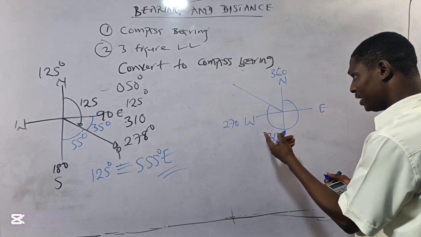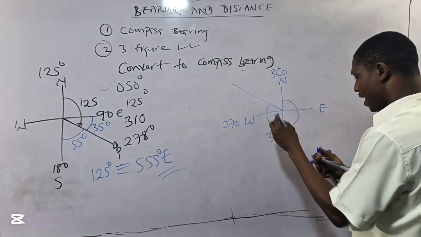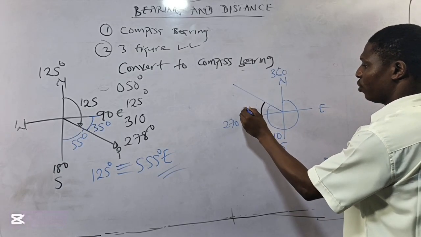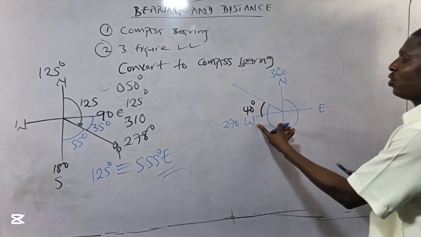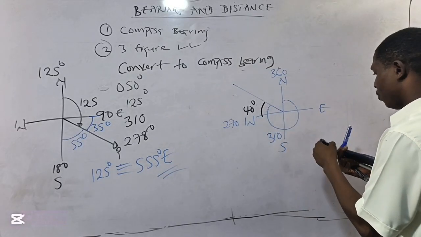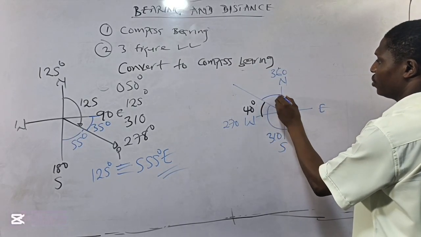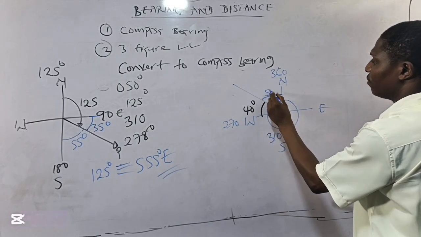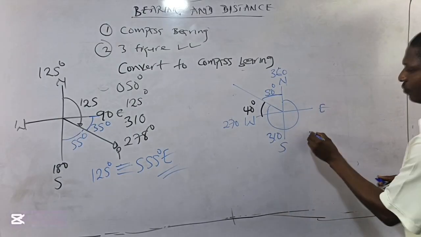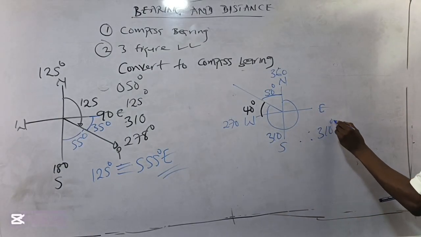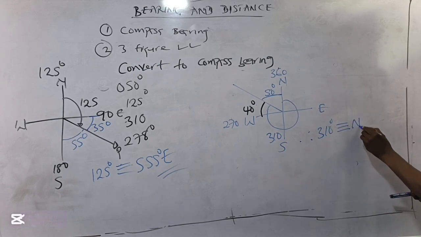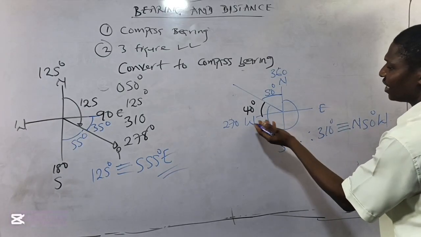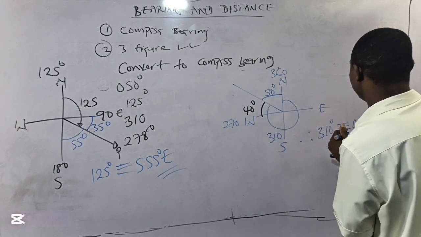And if I minus 270 from 310, I will have this other angle here to be 40 degree. Then this is inclined with the west. So I need it to be inclined with the north. So to incline with the north, I simply have 90 minus 40, which will give me 50 degree. Therefore, 310 degree is equivalent to north 50 degree west. It is related to the west because it has passed west, it is above west east. Take note.